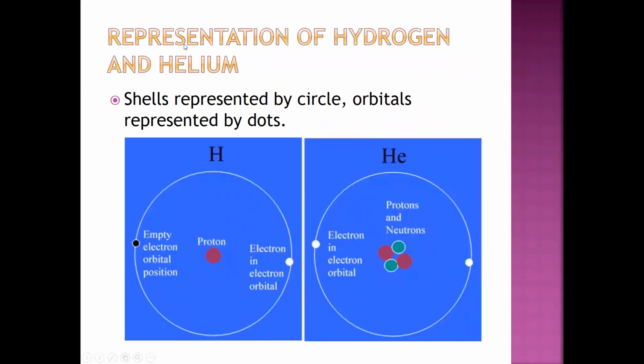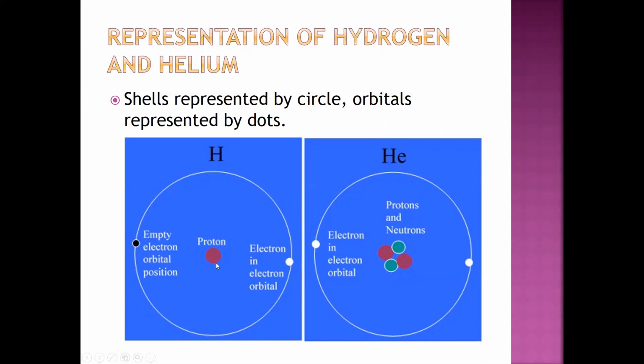Okay, and so we're going to represent the position of electrons and the nucleus with this simplified diagram where the circles are electron shells, and then the white dot represents an electron orbital with an electron, and the black dot represents an electron orbital without an electron.